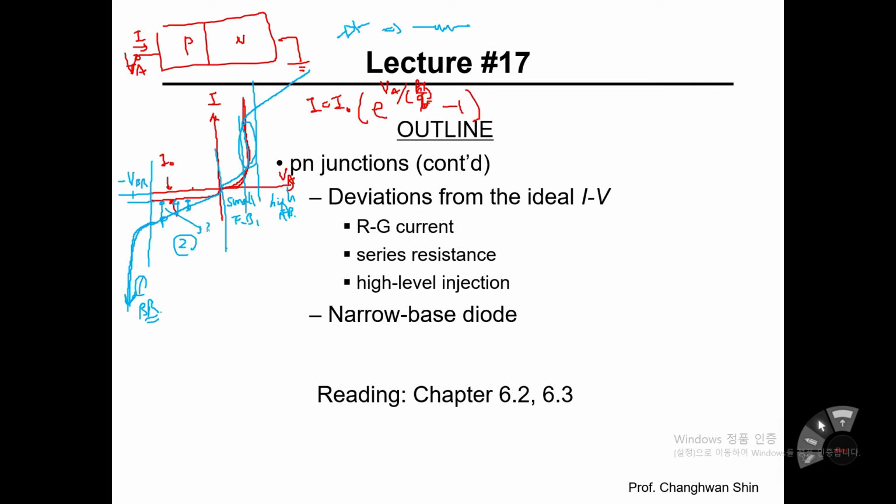What is this? Let's think about that later. And in small forward bias, some other additional current can flow. What is this? Why can some more current flow than we expected based on ideal diode analysis? And at very high forward bias, how come the diode can become resistive?